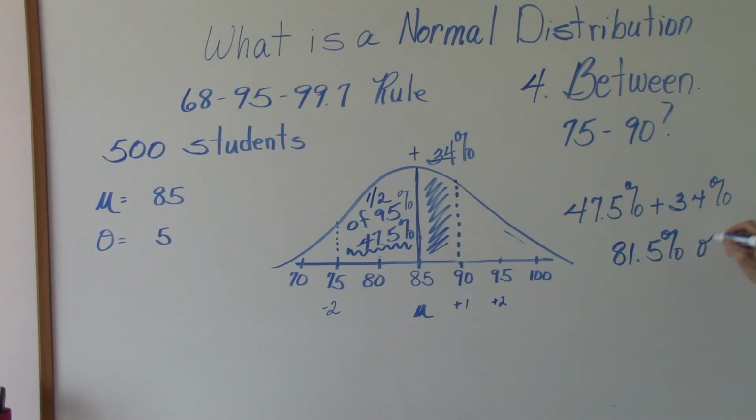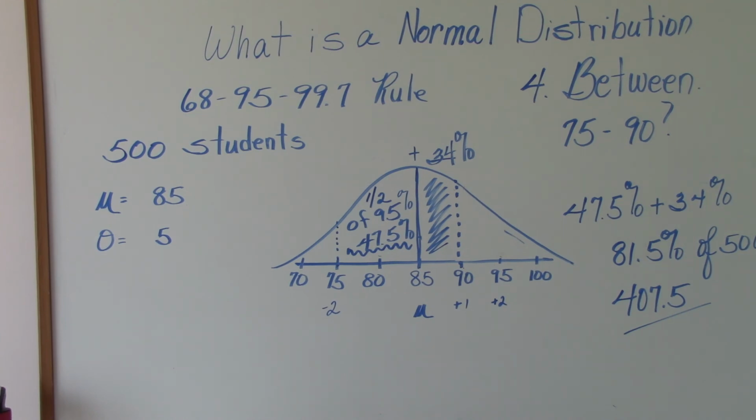So of 500, that should give us approximately 407.5 for that particular answer.